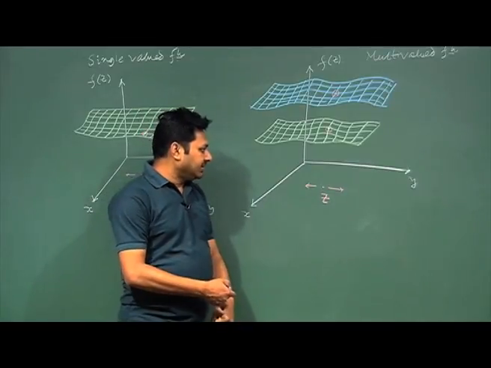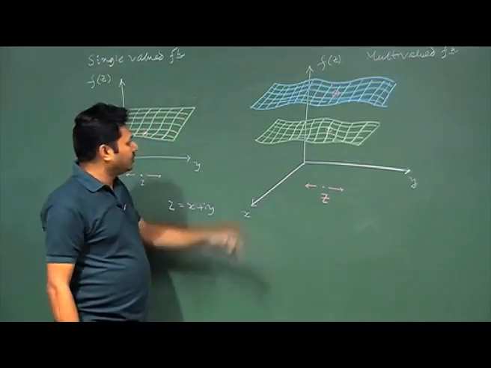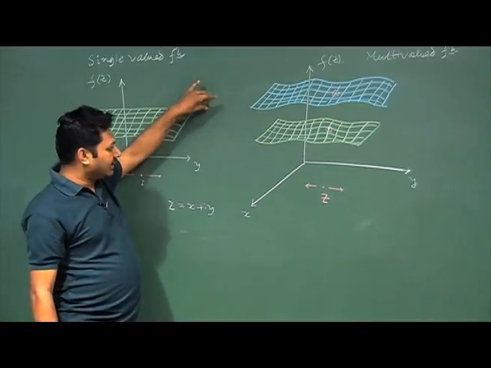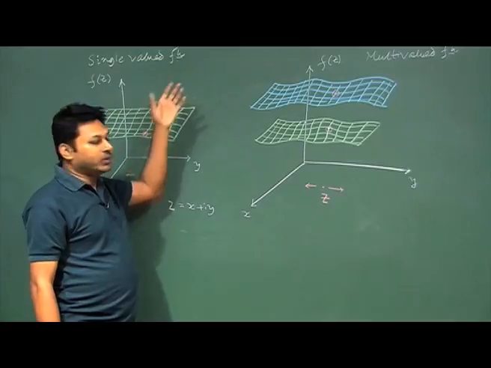Now, the question is, for the multi-valued function, these two surfaces are not separate like this; at some point they are merged to each other in a complicated way.